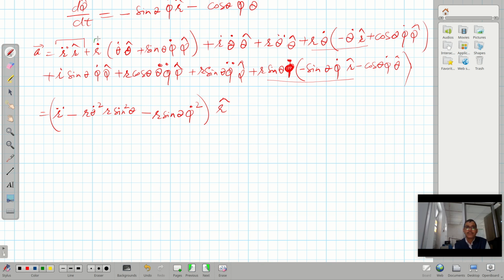Terms. So there is theta cap, and theta cap is sitting here, and theta cap is sitting here. Where theta cap is sitting, this is one term, and this is the second term, this is the third term.